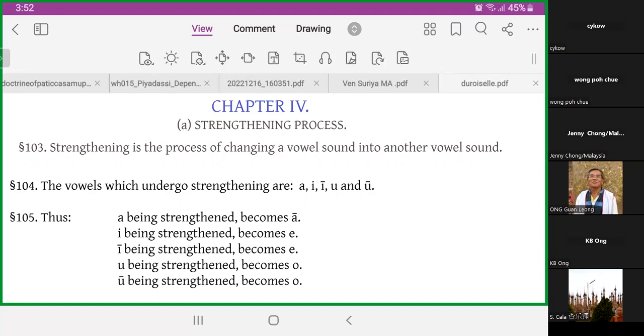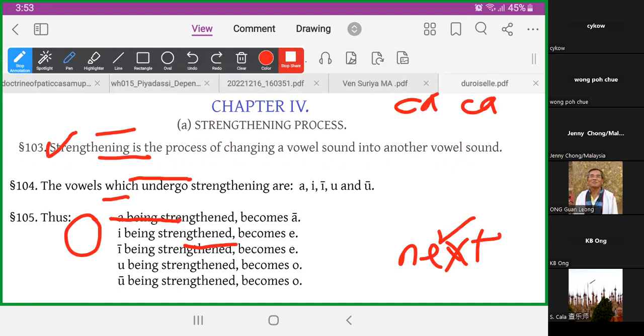Thus, a being strengthened becomes A. I being strengthened then becomes E. E being strengthened then becomes A. U being strengthened then becomes O. Okay. So do you understand?